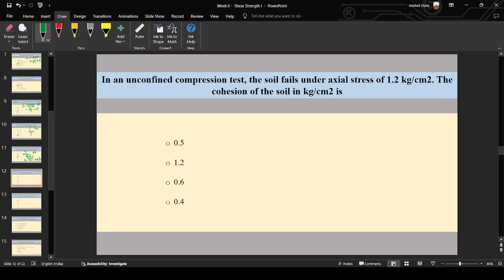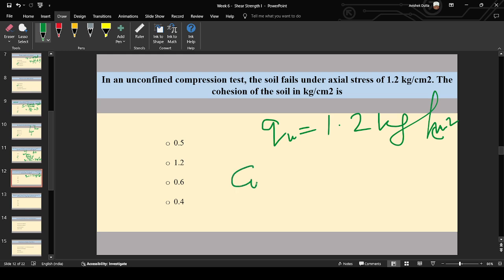Same testing, axial stress. Here qu is given. This is the axial stress, 1.2 kg per cm square. Now, what is the value of cohesion? Cohesion is the radius, half of the diameter. qu divided by 2 equals 0.6 kg per cm square.